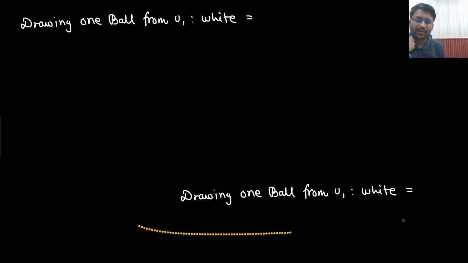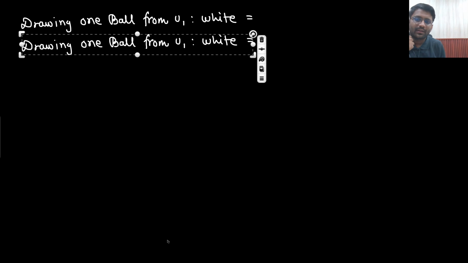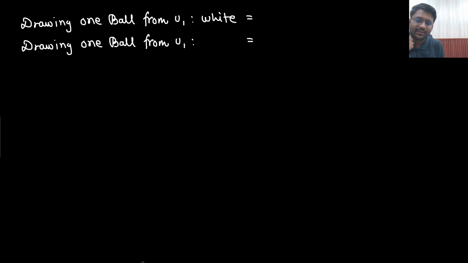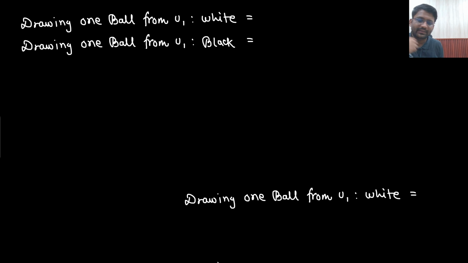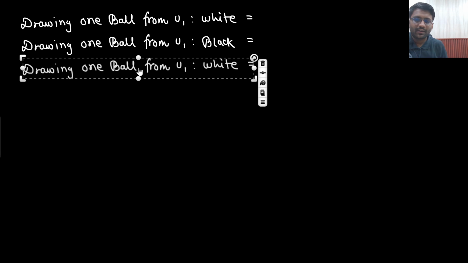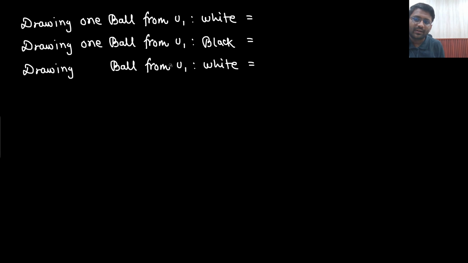The second case would be drawing one ball from U1 which is black. What will be the next case? The next case would be drawing two balls from U1. They could be white, white, right?